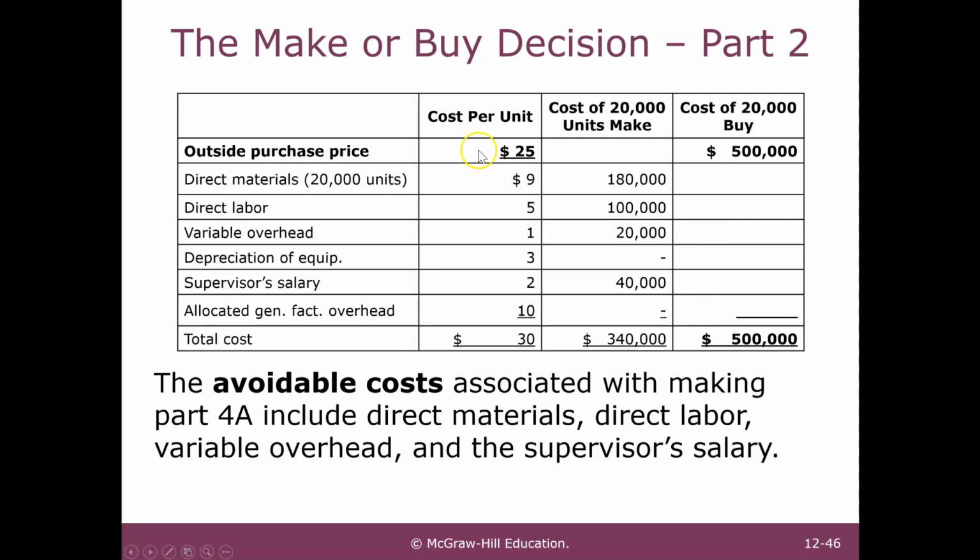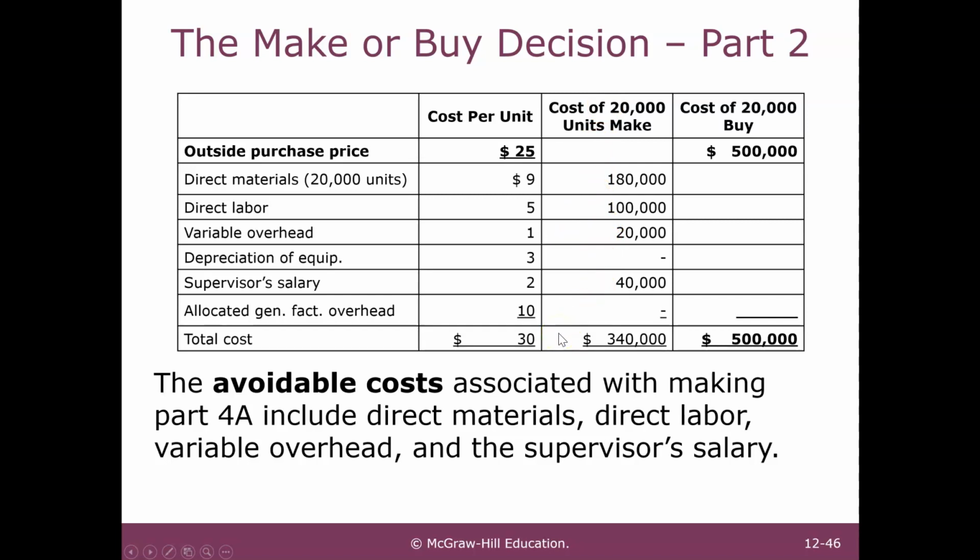Taking the $30 and multiplying these costs that make up the $30 by 20,000, you get 340. So 9 times the 20,000 is 180. 5 times the 20,000 is 100,000, and so on. You get 340.